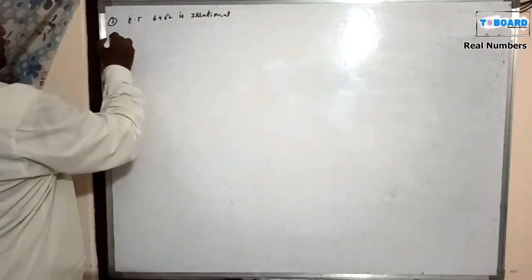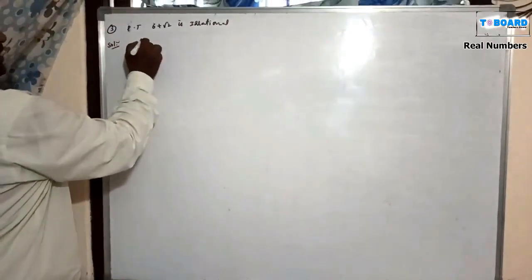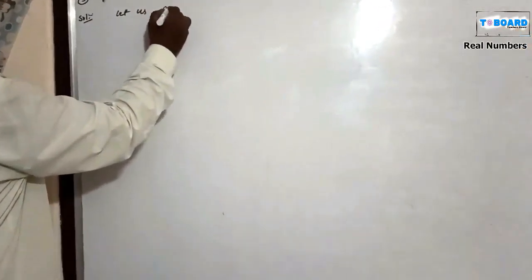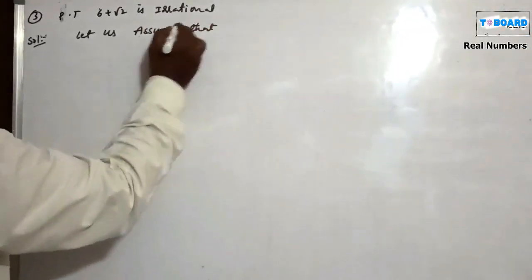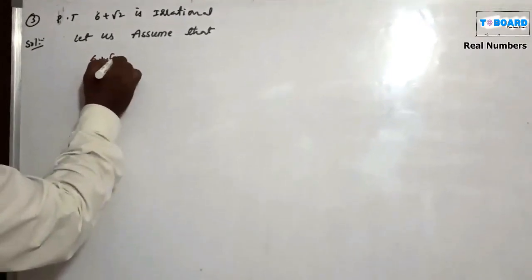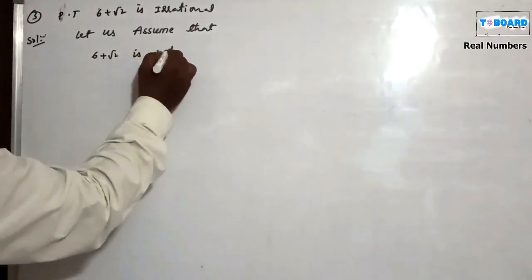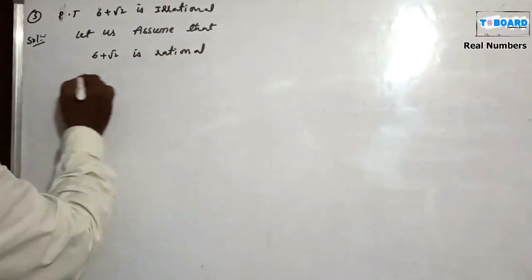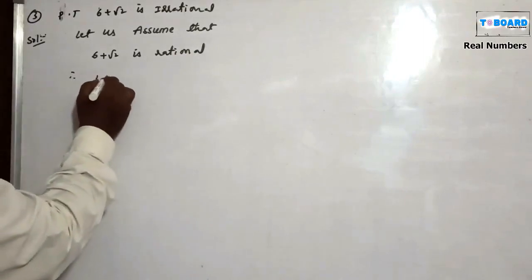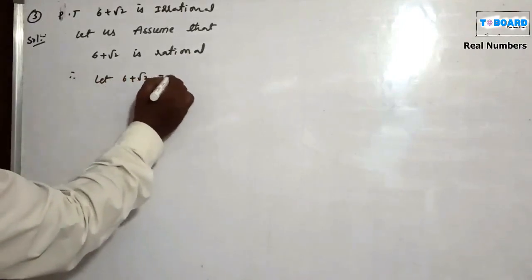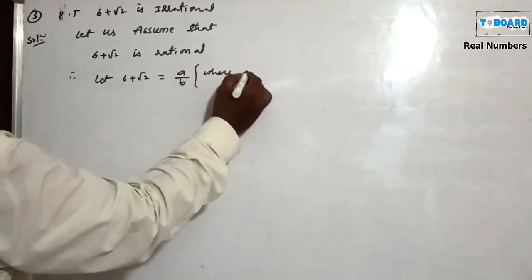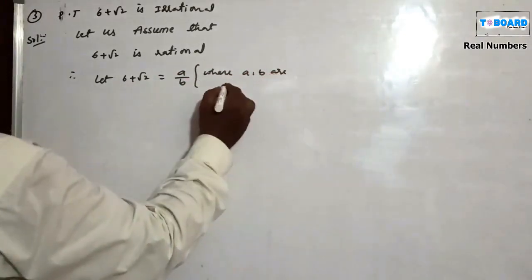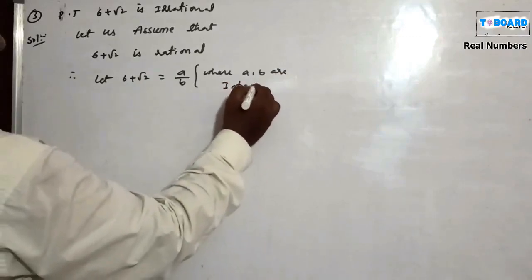First, let us assume that 6 plus root 2 is rational. Now rational form is, let 6 plus root 2 equals a by b, where a, b are integers.